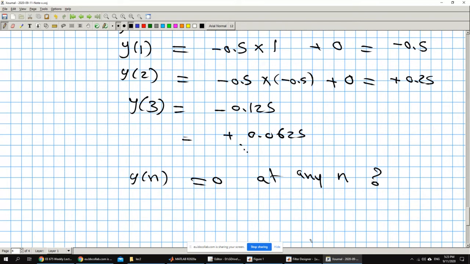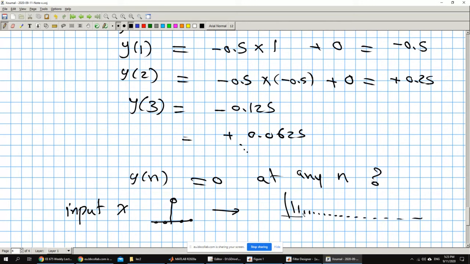So this means that we had an input x that looks like basically an impulse, just a very finite response, and it produced an output y that looks like this forever.